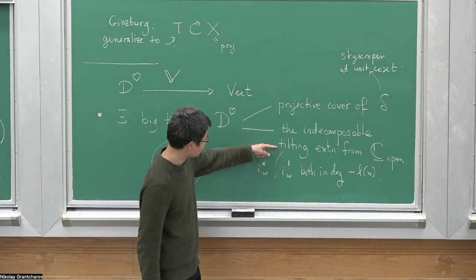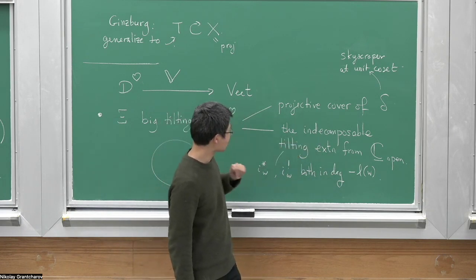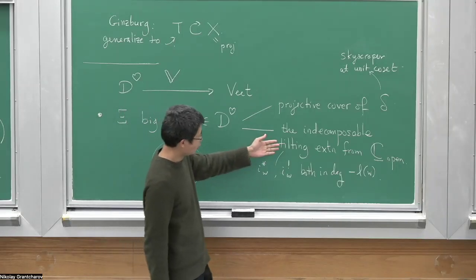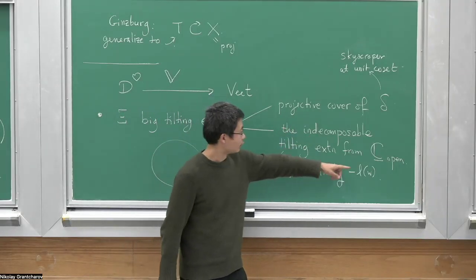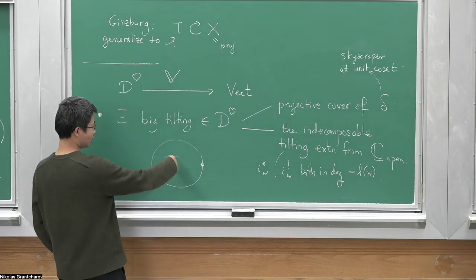That's the meaning of tilting. And up to isomorphism there is a unique tilting object that has full support, starting with the constant sheaf on the open orbit.